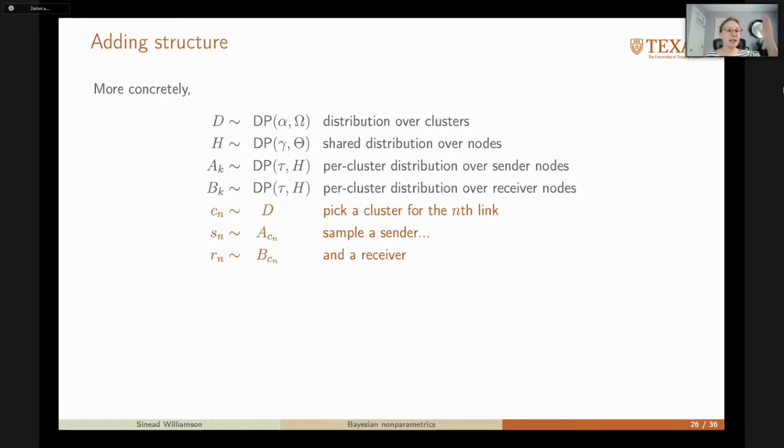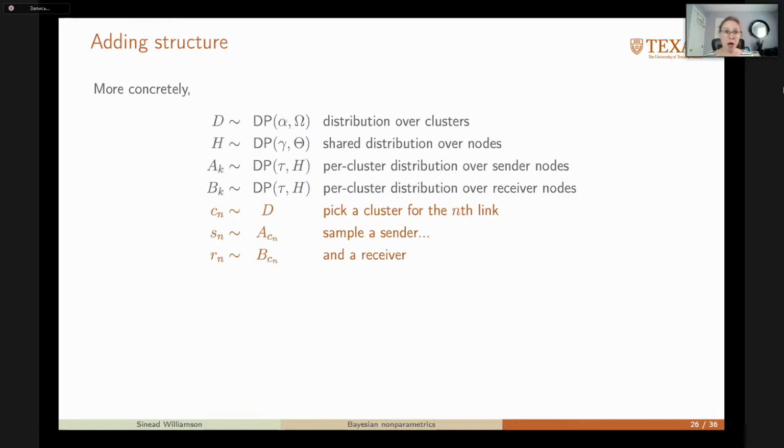And then for each of my infinitely many clusters that are in D, I'm going to sample a distribution for senders with base measure H, so it's those same people, and a distribution over recipients. So these are A_k and B_k. So each cluster has two distributions, one for sender and recipient. And all of those distributions have shared support because of this hierarchy.